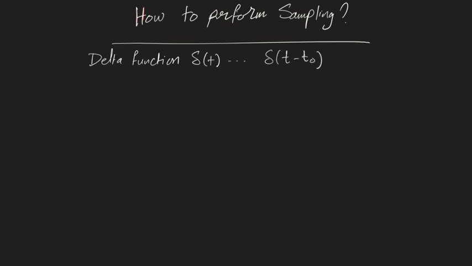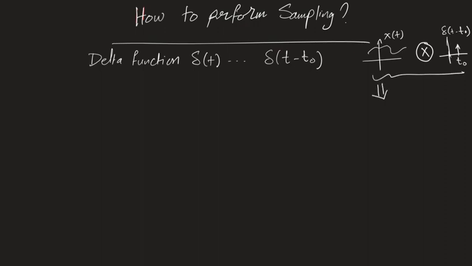And remember a nice property of this delta function: if I have a continuous time signal x of t, and I multiply this signal with a shifted delta at a certain location t naught, delta of t minus t naught, the result of this multiplication is going to be x at location t naught multiplied still by the delta of t minus t naught.